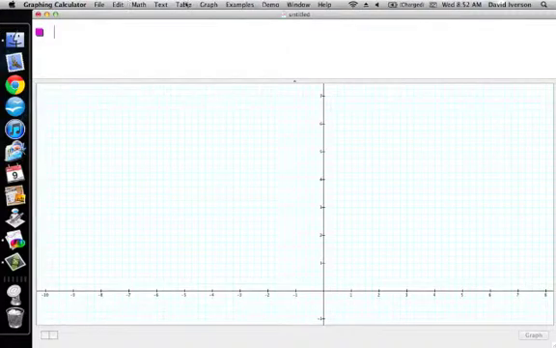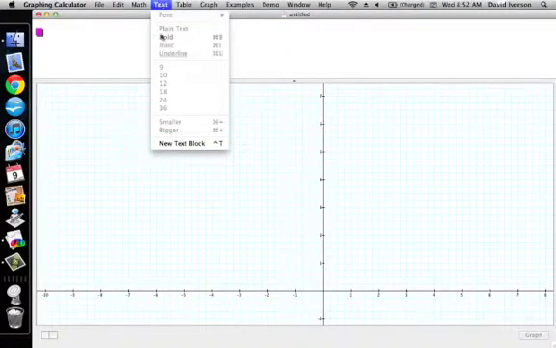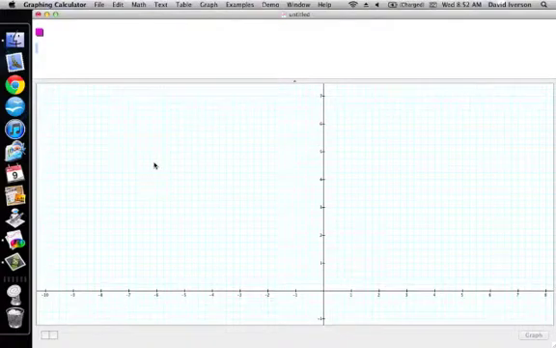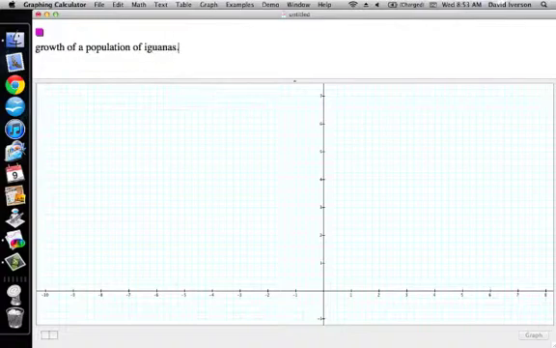So the first example problem is going to be iguanas. Why not iguanas?